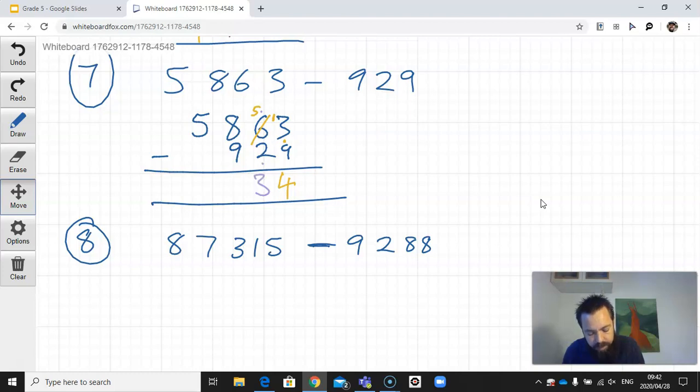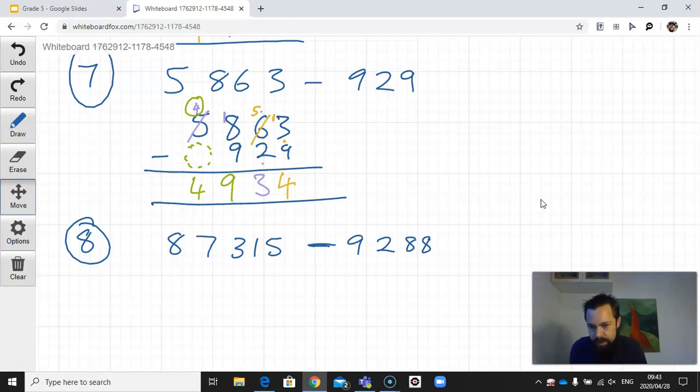It's 3. 8 minus 9 I can't do, so I'm going to have to borrow. 18 minus 9, mental arithmetic, but we've done this one already today. 18 minus 9 is 9. 4 minus nothing is still 4. So the answer is 4,934.